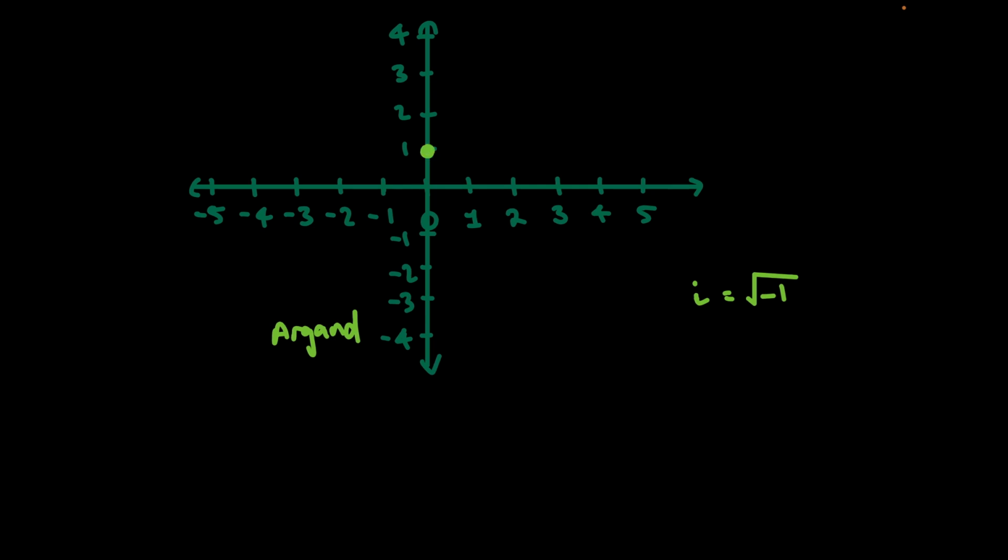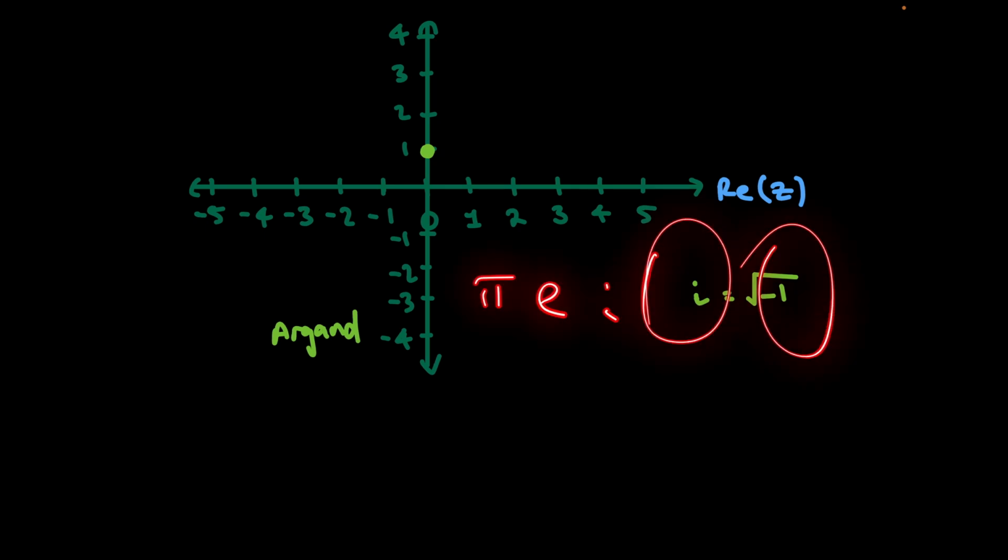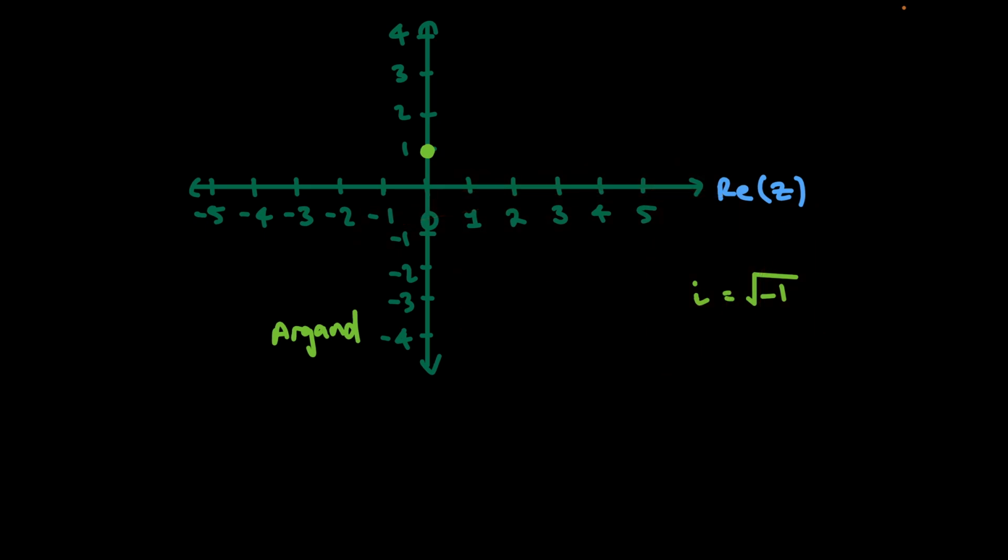Okay? The reason for that is our x-axis, we're going to call the real number line. So think of the real of z as the real numbers for the complex number z. Okay? And the real numbers are just any counting numbers that you can think of, whether it be pi, whether it be e, whether it be fractions, whether it be decimals, whole numbers, integers, real numbers, you get the idea.